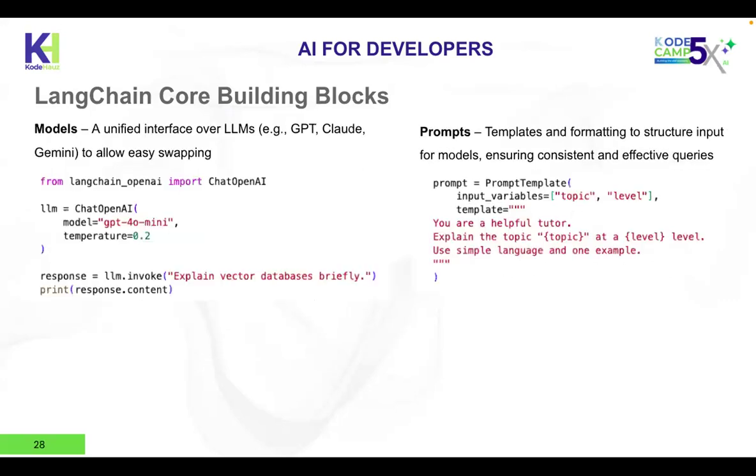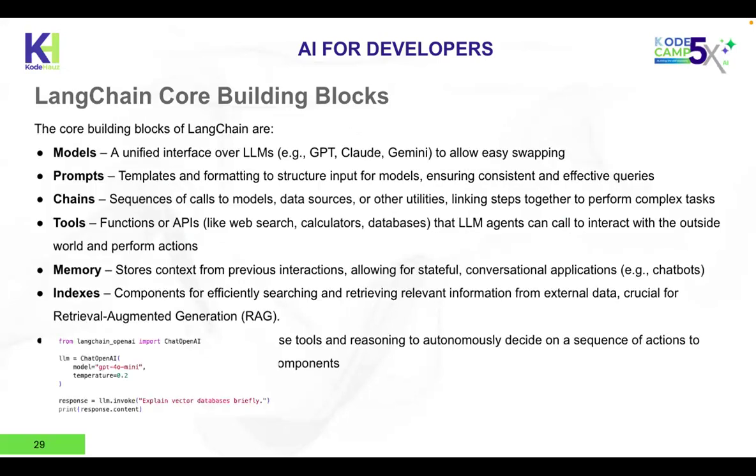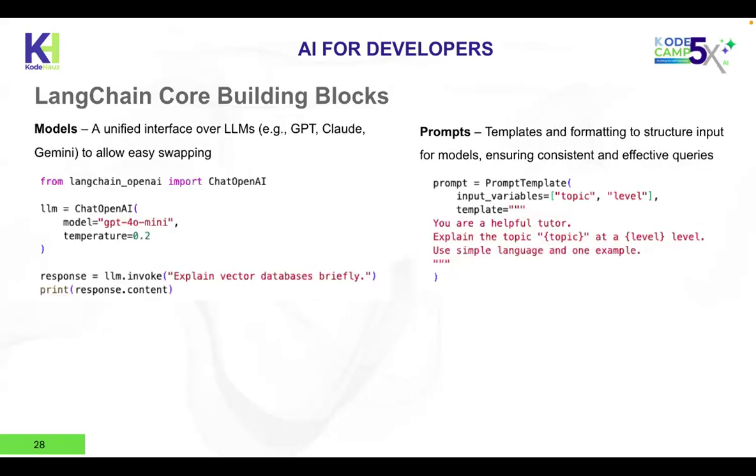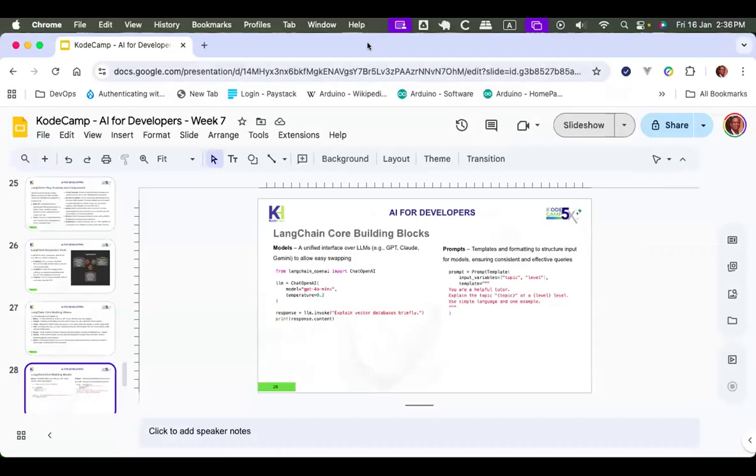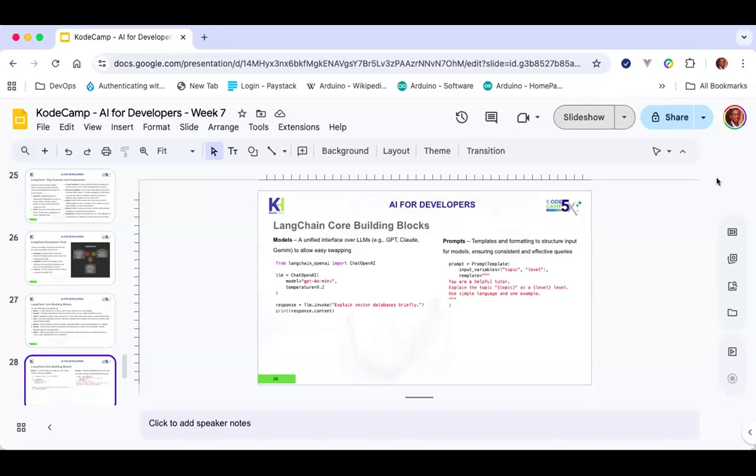So we will go into it directly. Let's go and take a look at what LangChain does for us. So I'm going to pull out a Jupyter notebook, which I had already prepped.